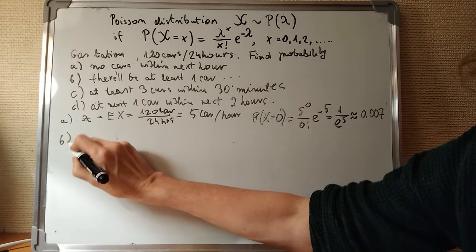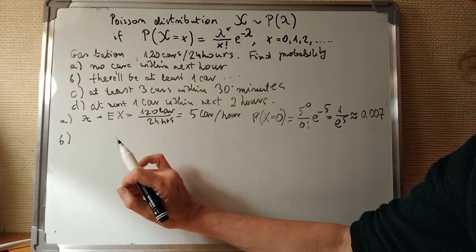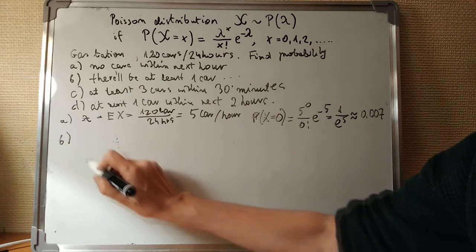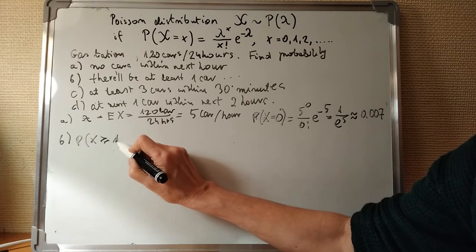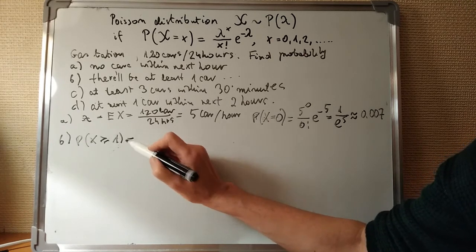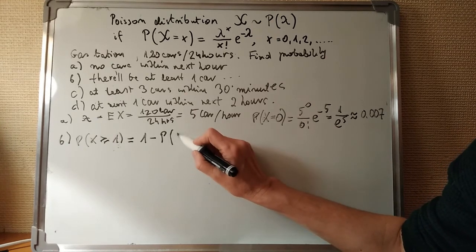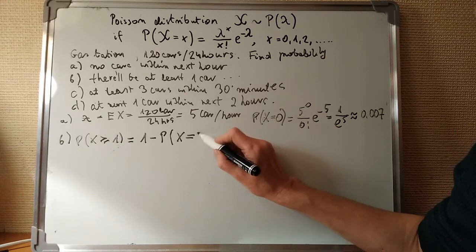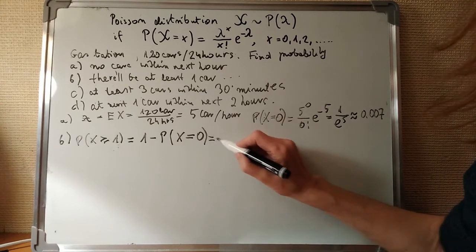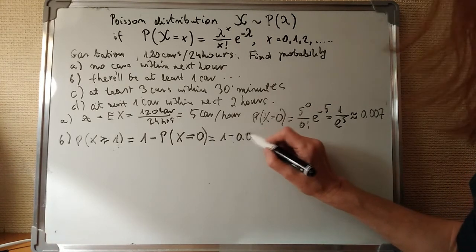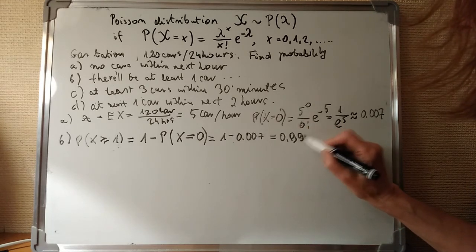Question B. There will be at least 1 car. The probability that X will be greater or equal 1 is exactly 1 minus the probability that X will be equal to 0. So we have 1 minus 0.007, so this is 0.993.